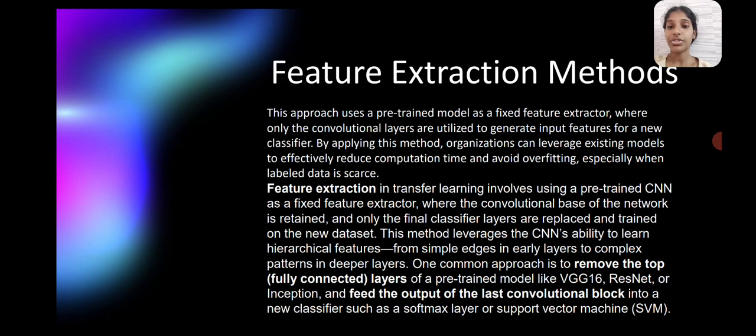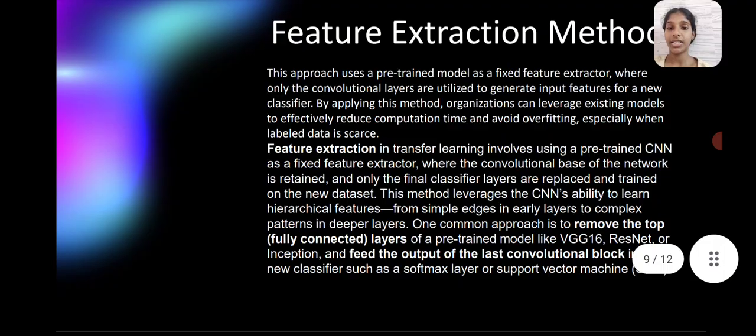One common approach is to remove the top fully connected layers of a pre-trained model like VGG16, ResNet, or Inception and feed the output of the last convolutional block into a new classifier, such as a softmax layer or support vector machine.